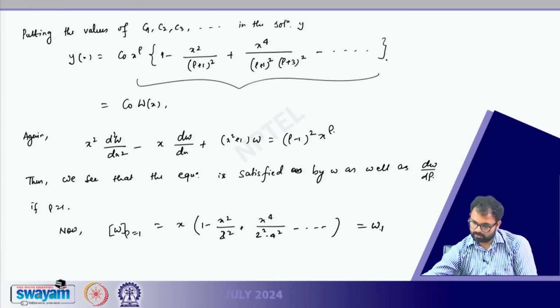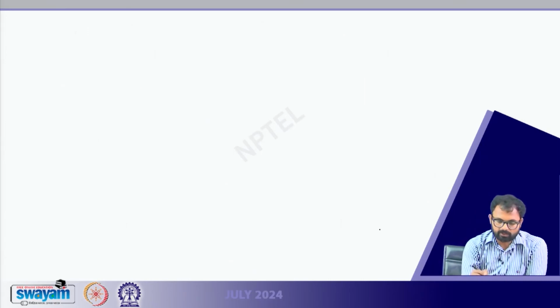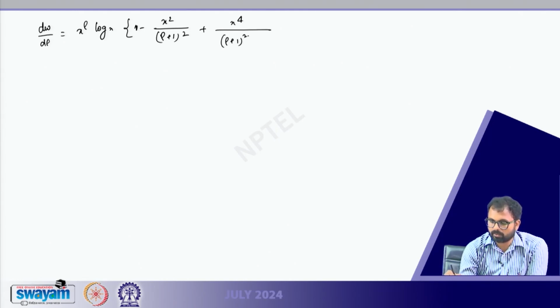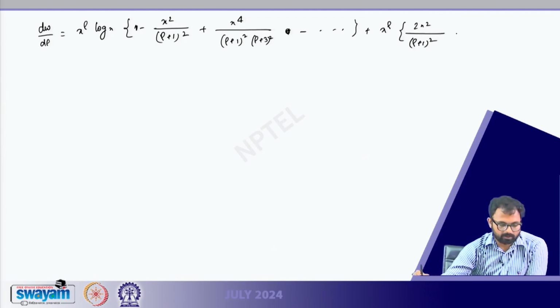Basically, we have dw by d rho equals x to the power rho log of x [1 minus x square by (rho plus 1) whole square plus x to the power 4 by (rho plus 1) whole square (rho plus 3) whole square minus dot dot and so on], plus x to the power rho [2x square by (rho plus 1) whole square], and similarly we can compute the remaining terms.